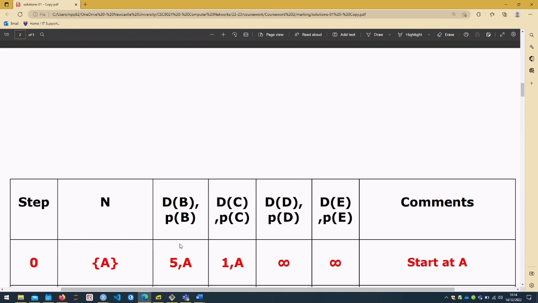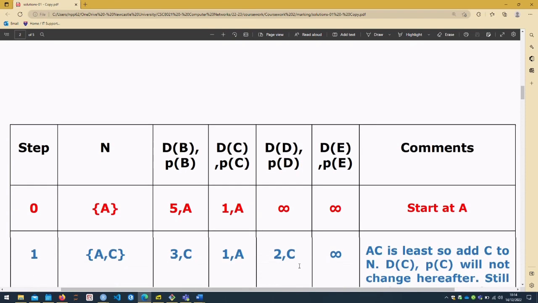We know the costs to our neighbors, which are set to 5 for B via A, and 1 for C via A, and infinity for the other two nodes we cannot reach just yet.